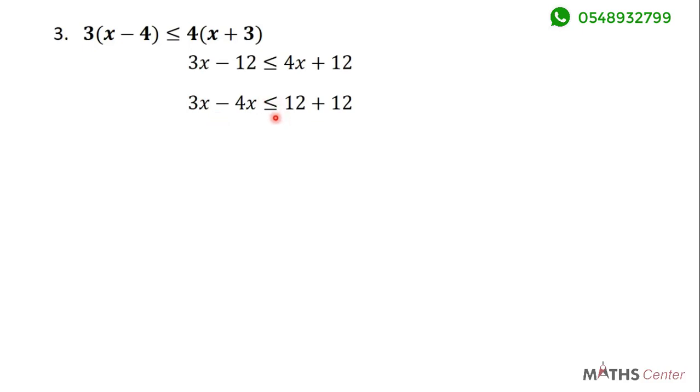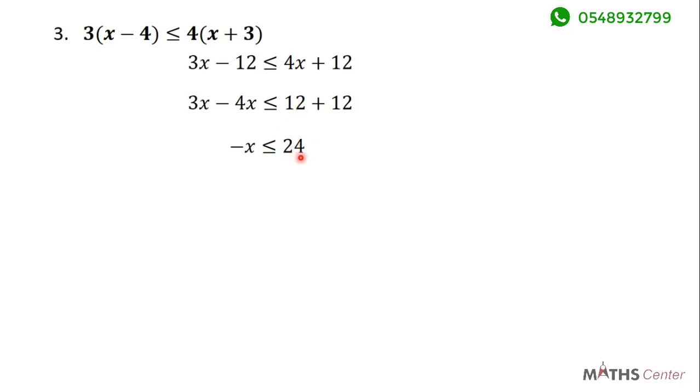Then less than or equal to, now this 12 is negative. So when it crosses to that side, it becomes positive. So plus 12. 3x minus 4x, if you watch the video on addition and subtraction of algebraic expressions, you will see that 3x minus 4x is minus x. Then less than or equal to 12 plus 12 is 24.